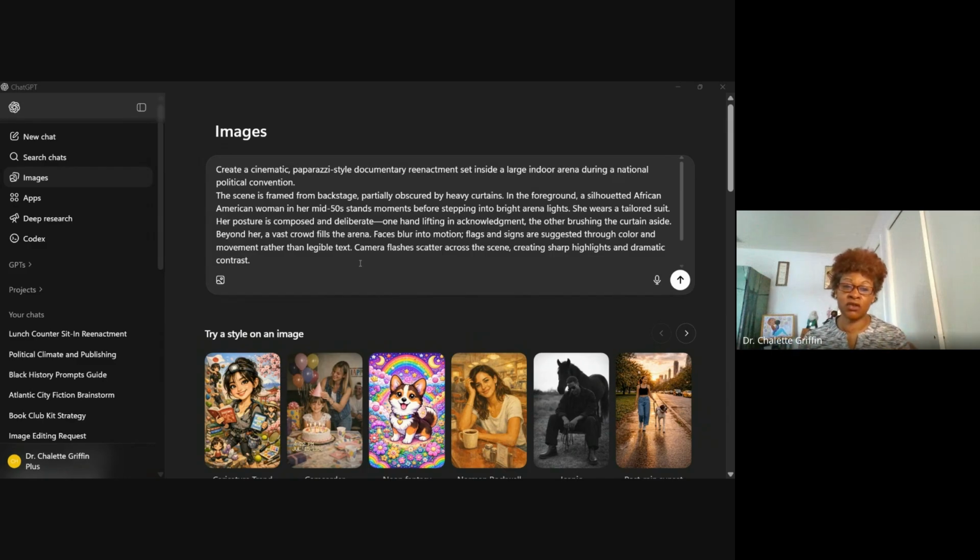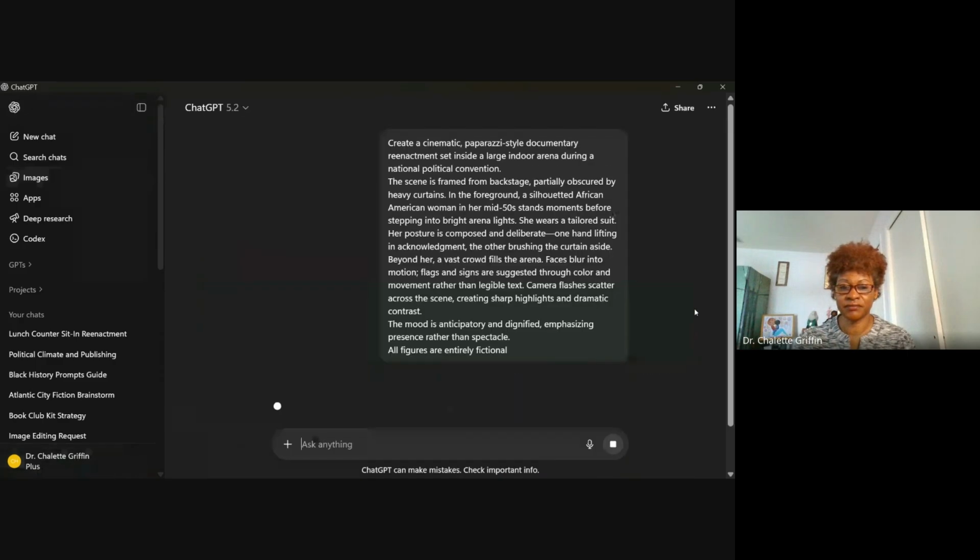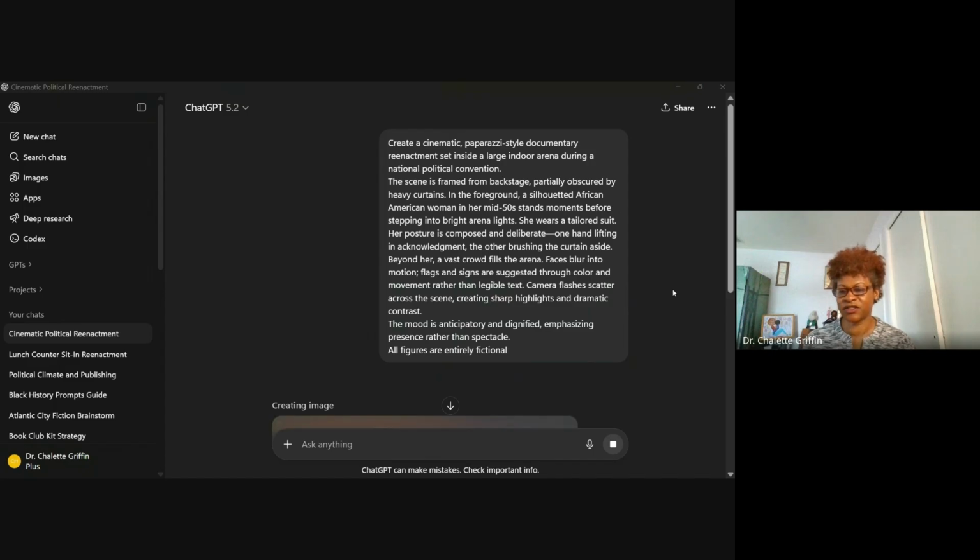So now we're just going to go ahead and generate it and see what we have. All right, so it's just taking a few seconds to generate. Hopefully you guys can see this.